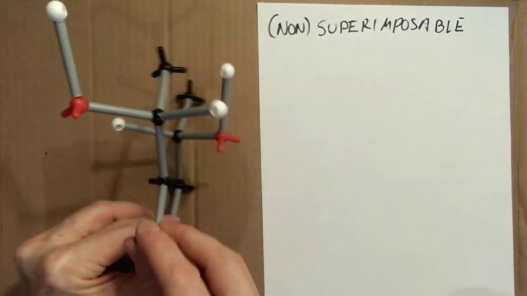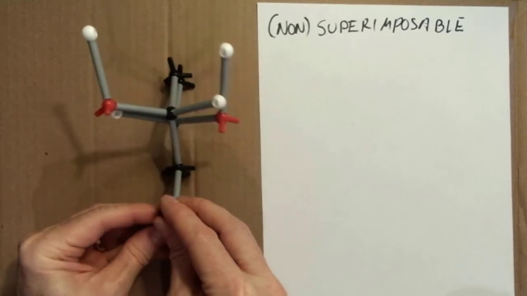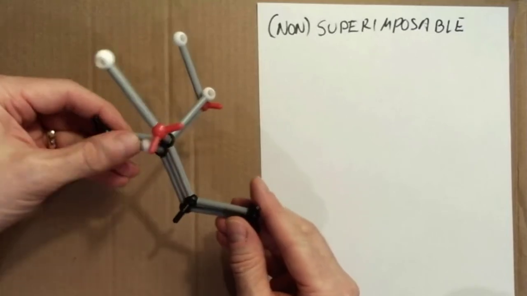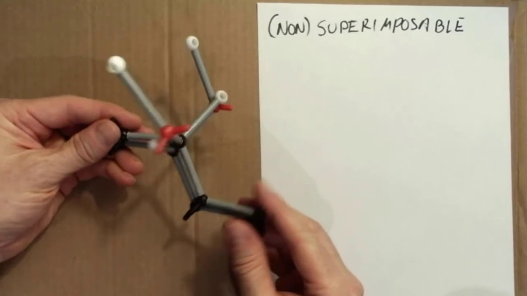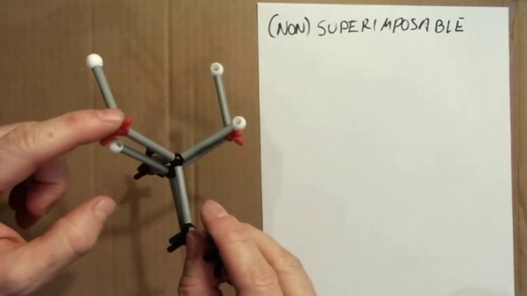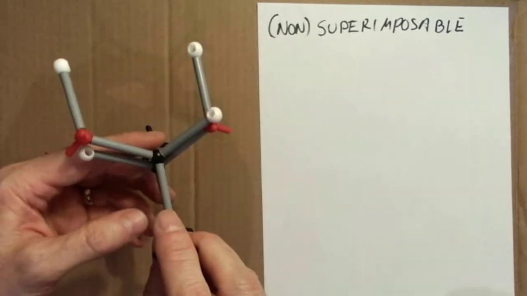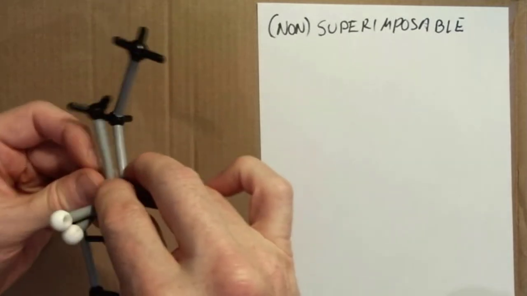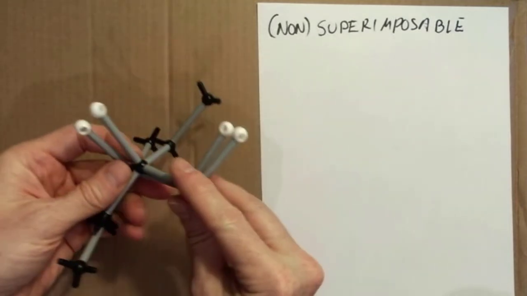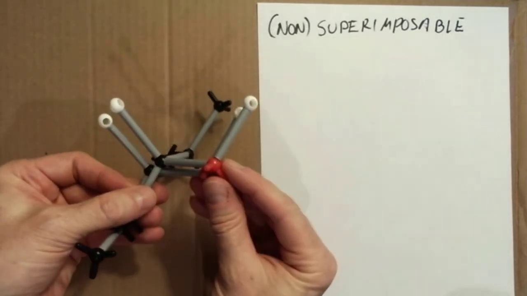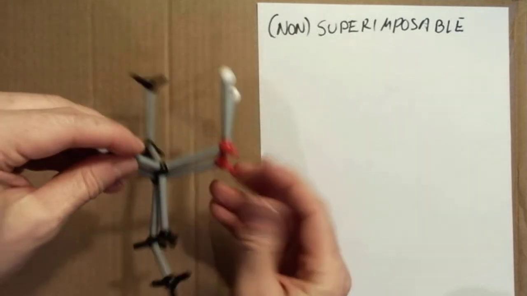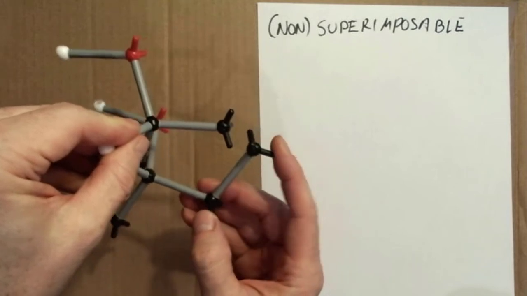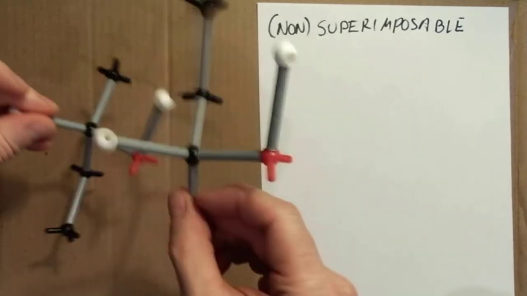But they are non-superimposable. If you put one on top of the other, we can get the carbon chains to align, but then the OH of one matches up with the H of the other, and vice versa. We can get the OH and the H to match, like this. OH is up here, H is here, but then the carbon chains are misaligned. A CH3 on one is at the same position as the CH2 on the other.